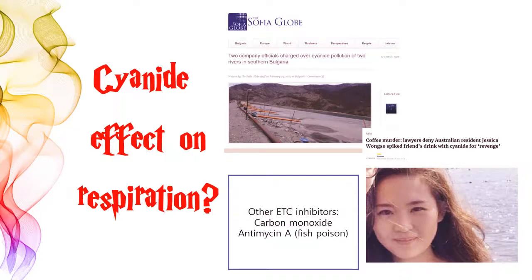Other than cyanide, there are also other examples of electron transport chain inhibitors, for example carbon monoxide and antimycin A, which is a fish poison. So please, students, read on the different inhibitors of the electron transport chain and how each of them inhibits the electron transport chain.